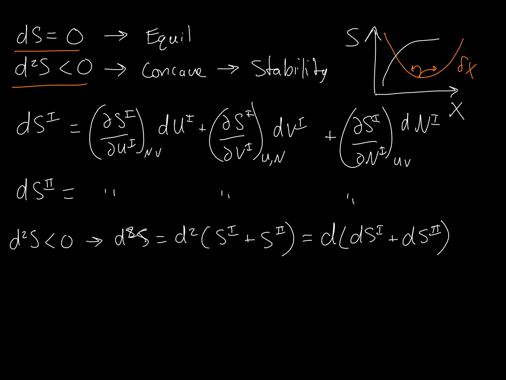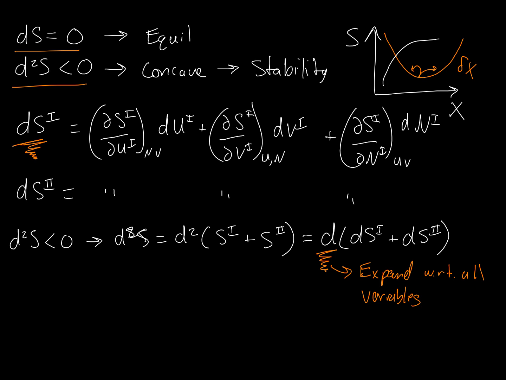Okay, so what makes this exceptionally unpleasant is that this right here is a total differential. It's not a partial differential, which means we have to expand it with all variables. So I expanded ds1 up here with respect to all variables, and I got 3 terms.